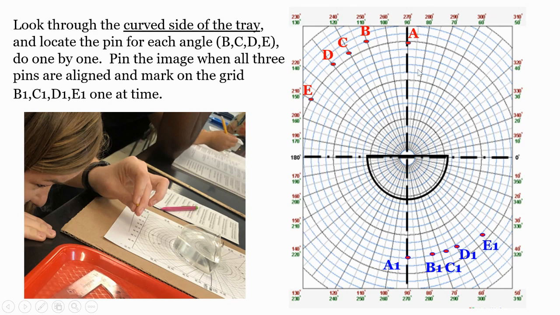So you already did A1. You're going to do the same thing with B, and you're going to find the location of the pin, and you're going to mark B1 and C, C1, and so on.